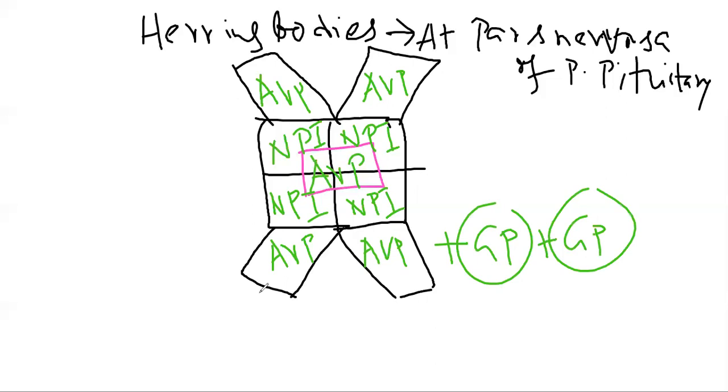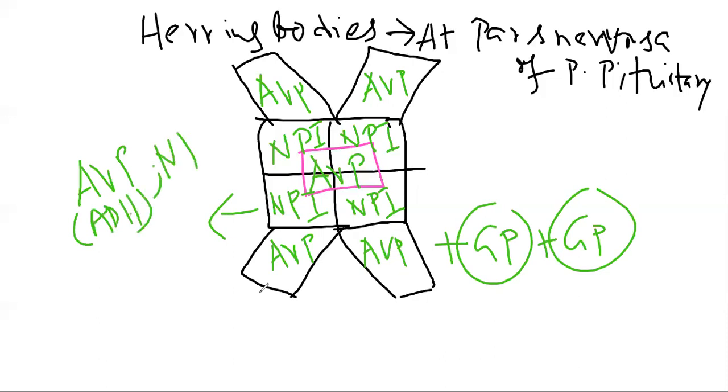And finally, what happens? They are cleaved to form separately vasopressin or ADH, whatever you can say, then neurophysin 1 and the glycoprotein.